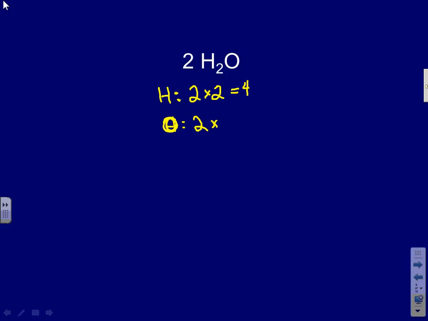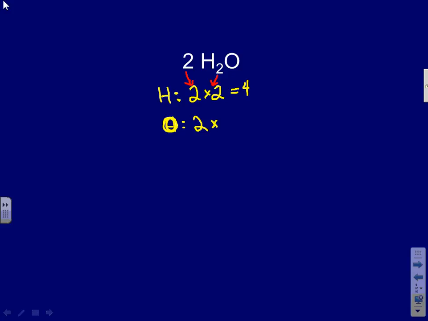Where did you get the 4? I want O's. I don't want that 4. Again, reminder, I take the 2 from the coefficient and the 2 from the subscript. So here I'm talking about O. So there's my 2. How many O's are there in water?